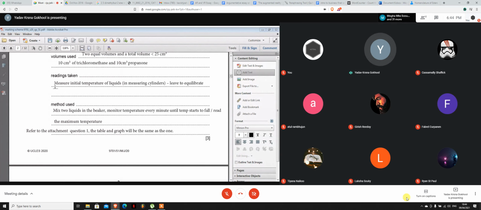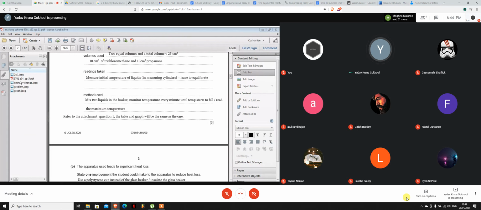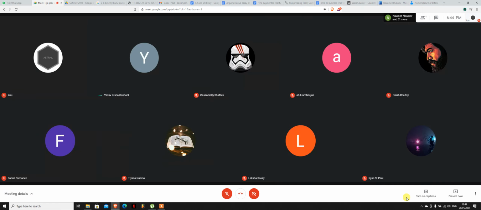So I have attached an attachment over here. We see June 2004, question number 5. It is not the same question, but over here it is about zinc and copper sulfate. In fact, I should have attached also the examiner's report.